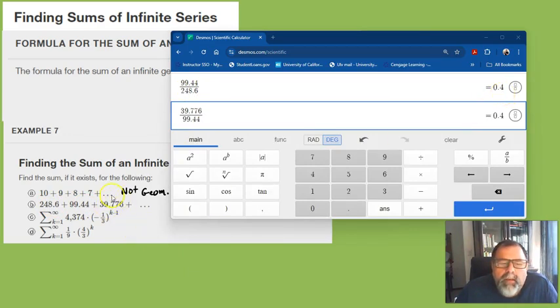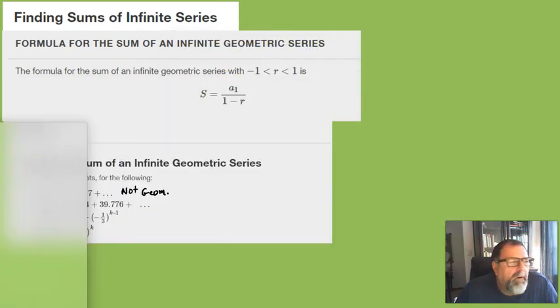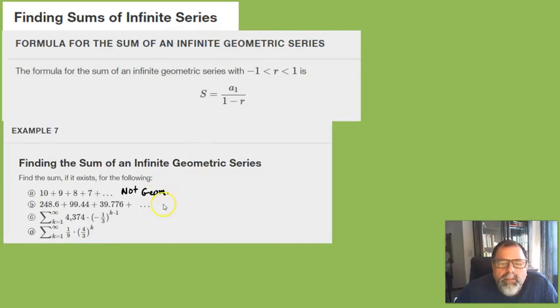Remember, you take the latter term divided by the preceding one, the one immediately before it. So 39.776 divided by 99.44, which you see here I got 0.4. So they have a common ratio of 0.4. That's geometric. The common ratio is between -1 and 1, so the sum exists.